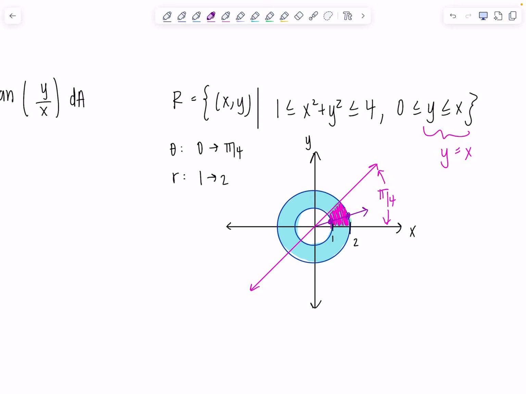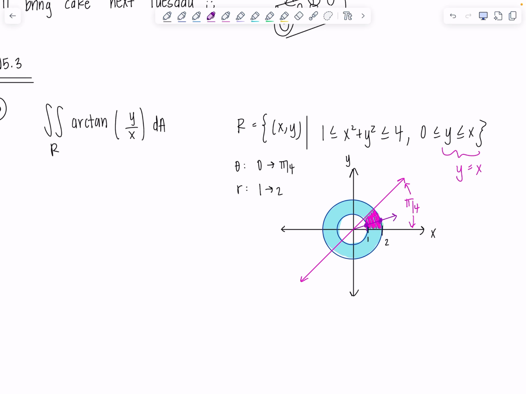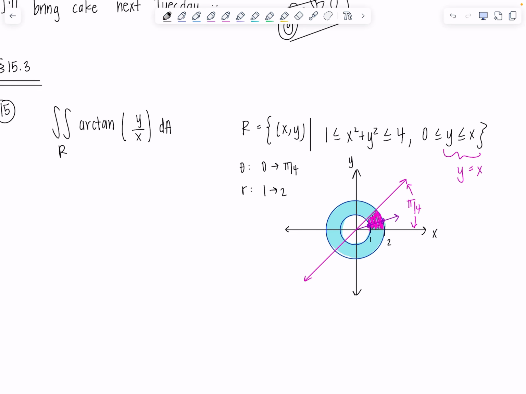Okay. Now, from here, I think we're ready to go. So we're going to have the integral from 0 to pi over 4 on the outside, then 1 to 2, then arctan, switch this to polar. y is r sine theta, x is r cosine theta, and what's dA? r dr d theta.